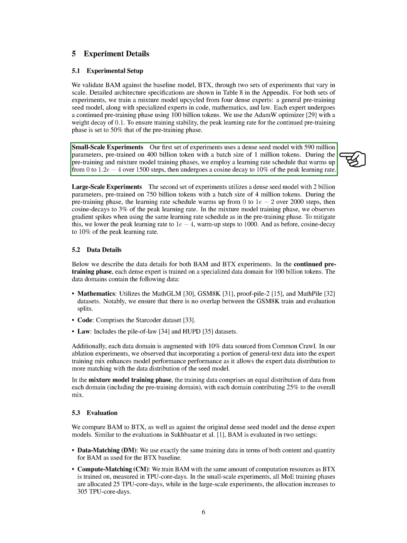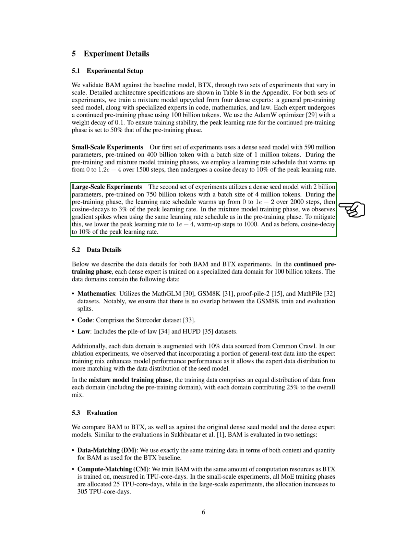In the large-scale experiments, we work with a dense seed model containing 2 billion parameters, pre-trained on 750 billion tokens, and a batch size of 4 million tokens. The learning rate schedule here warms up from 0 to a peak of 0.01 over 2000 steps, then decays to 3% of the peak rate.